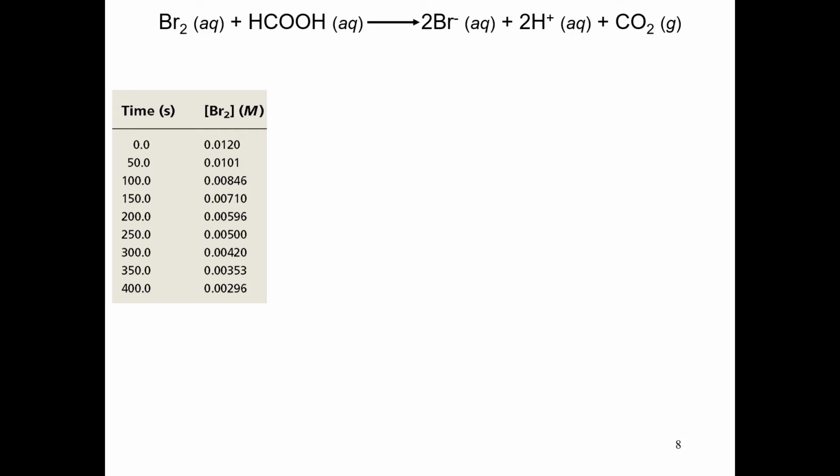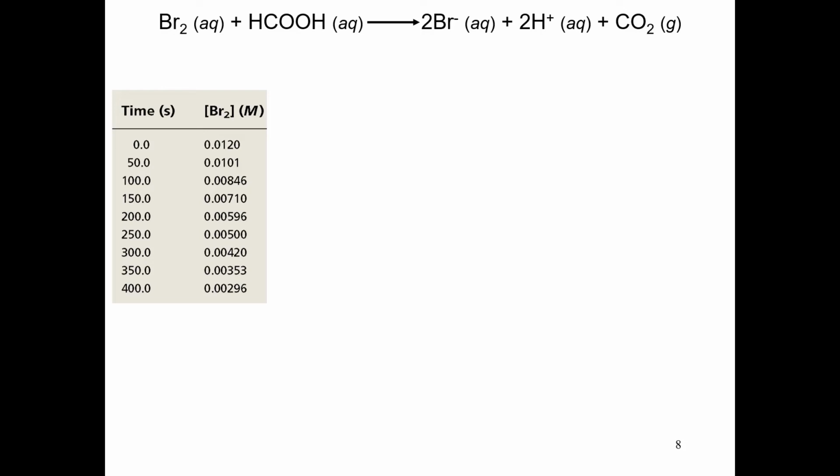So here we have, at different time intervals, the concentration of bromine in that aqueous solution. And remember, we obtained the molarity of the bromine by converting the absorption at 393 nanometers into units of moles per liter.